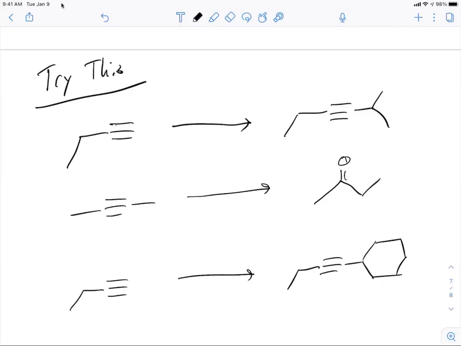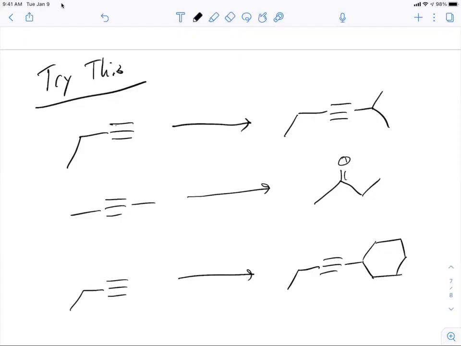Let's take some time to put the reagents down on these. Okay, let's go ahead and take a look.